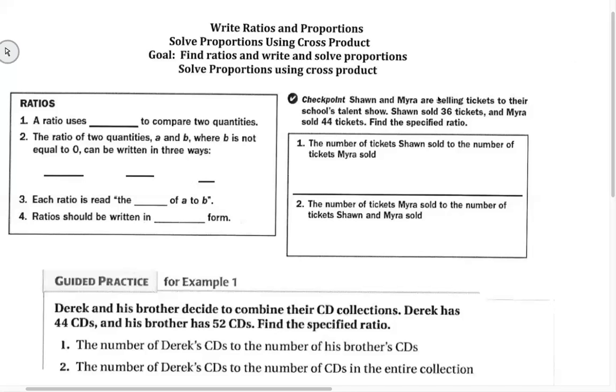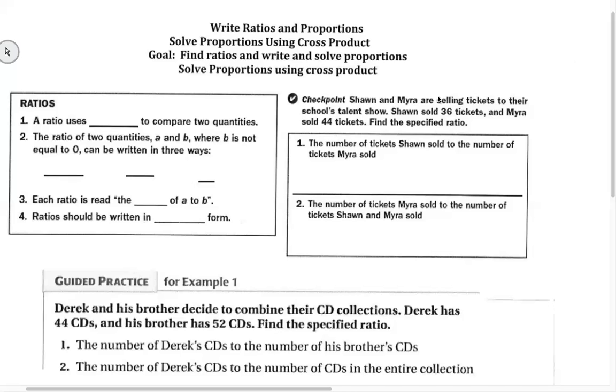Okay, let's see if we can figure it out. I'm gonna give it to you. 5 to 4. What am I talking about? That's a ratio. 5 to 4.